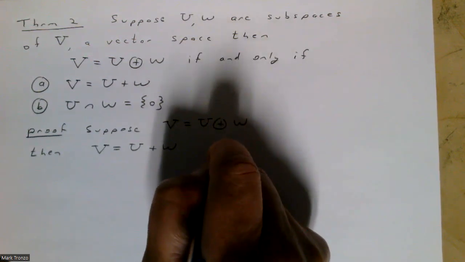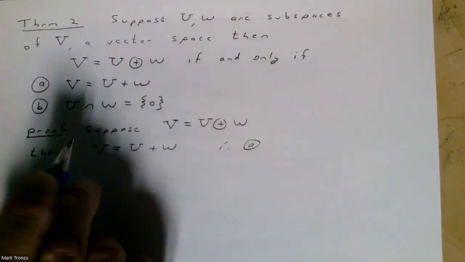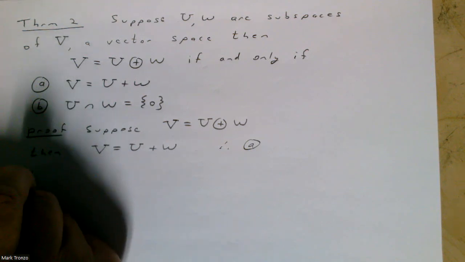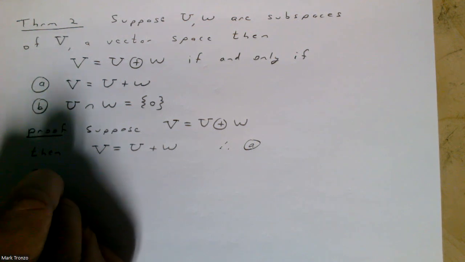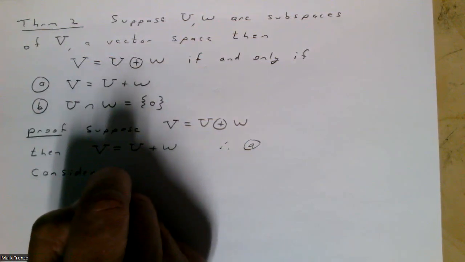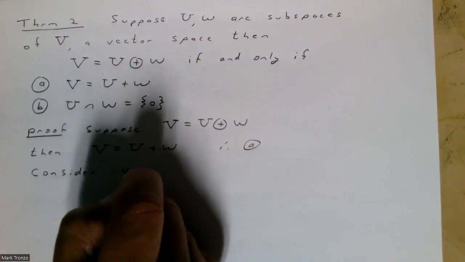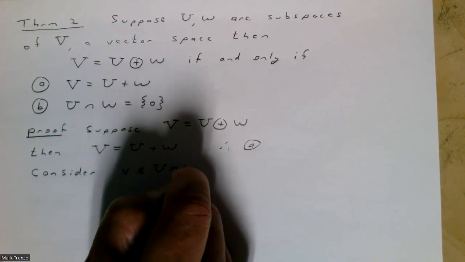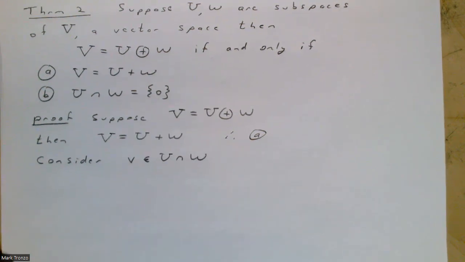Therefore, that proves part A. And so the next, consider a vector V in the intersection of these two. So we have V in this intersection.